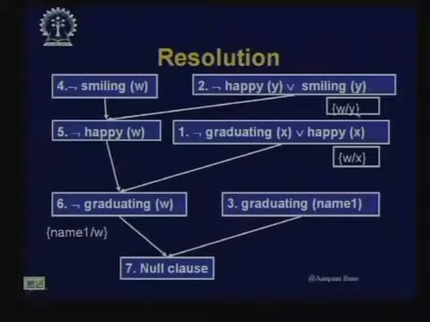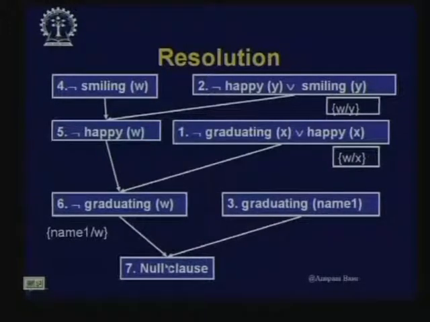So, here you see I had replaced, for the sake of unification, resolving for the sake of resolution, I substituted Y with W, here I substituted X with W, and there was no contradiction, and I came to not graduating W, and there was a clause graduating name 1. So, now this variable here, this W is substituted with the constant name 1, and with this I resolve.